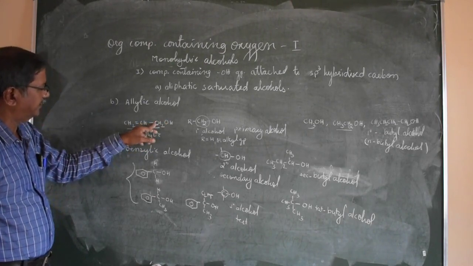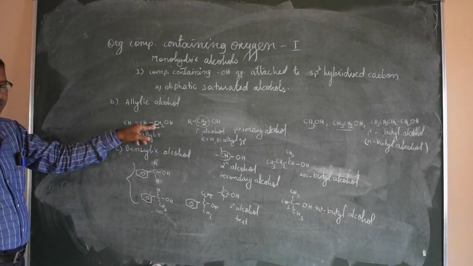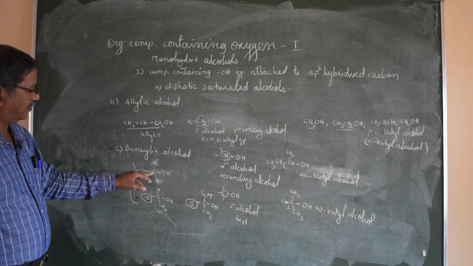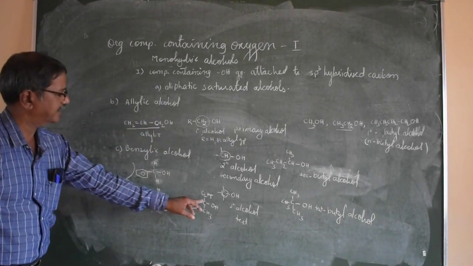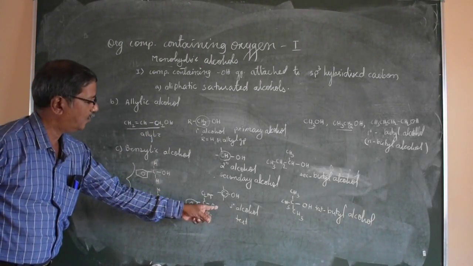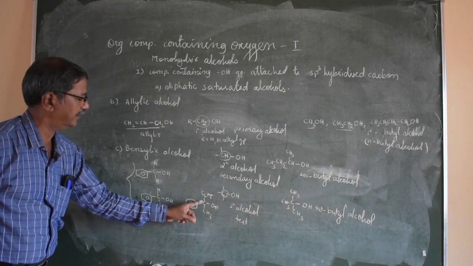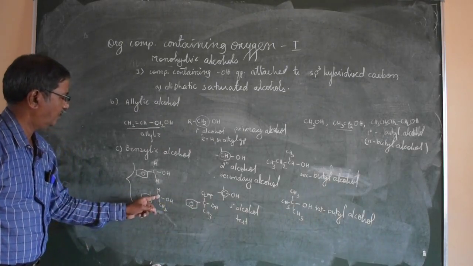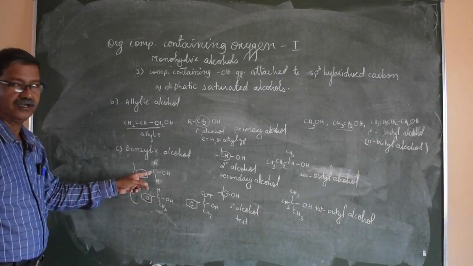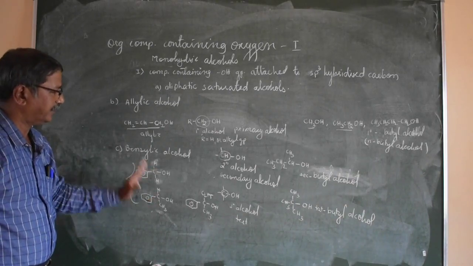OH group is attached to sp3 carbon, single bonded. What you have to see is where the OH is attached. OH is attached to single bonded carbon. So single bond means sp3.